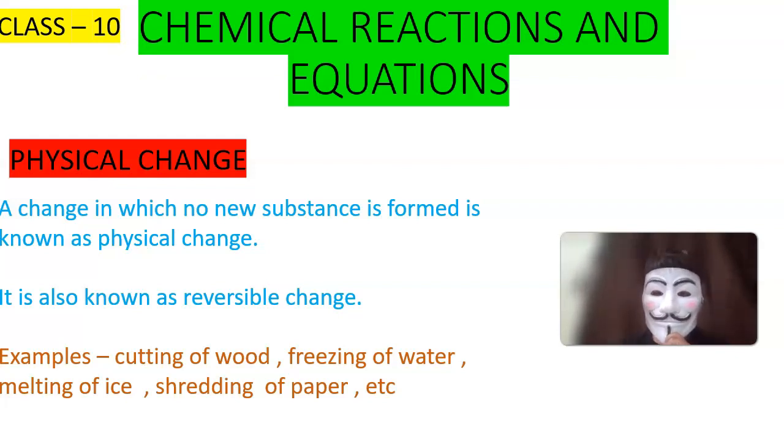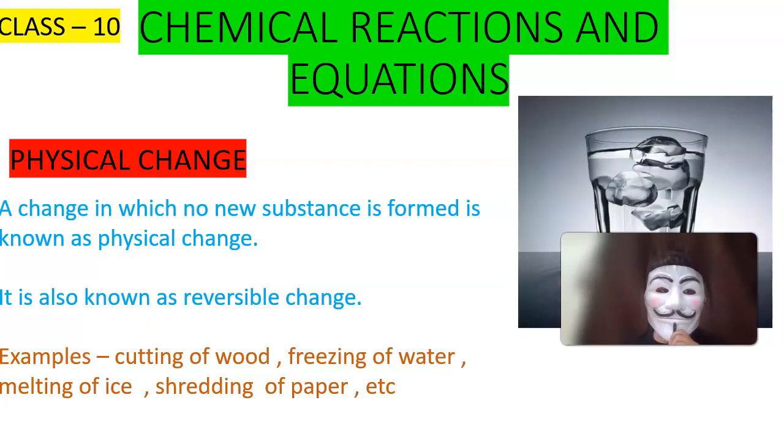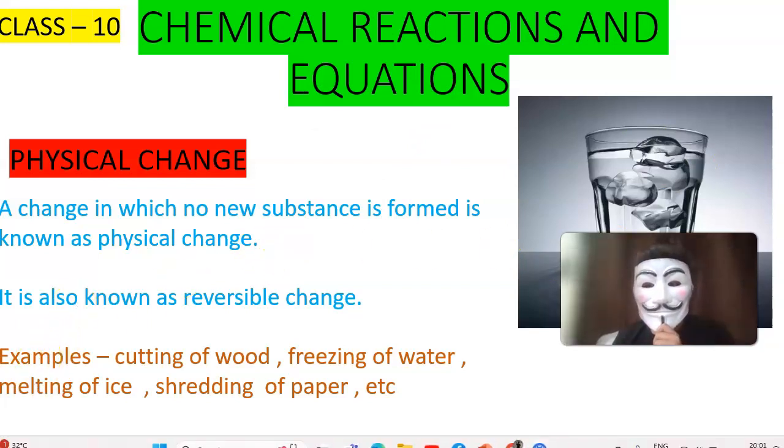You can see this image of a glass of water. You must be thinking why we have put ice in this glass of water. Actually, ice is made of water, and after freezing the water, we get ice.